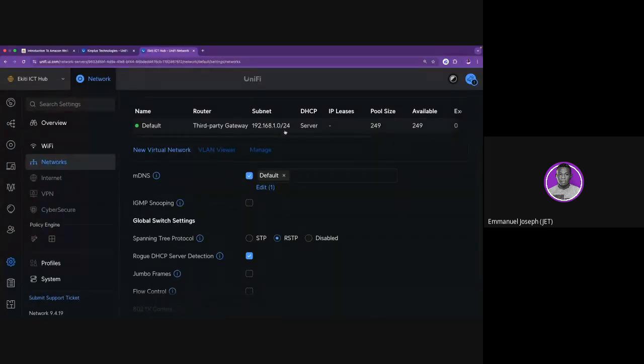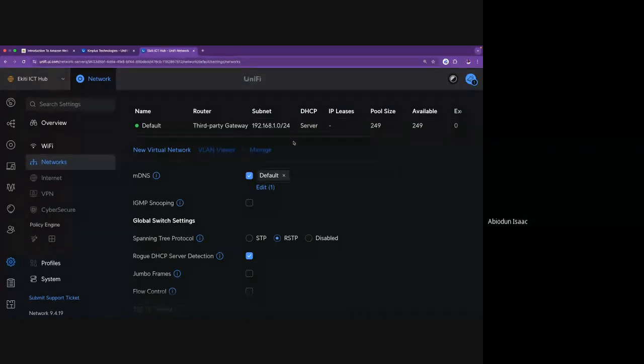Now, that's one. Then the slash notation of 24 determines the subnet mask. For this particular configuration, this means 255.255.255.0. That is what this slash 24 means. And do you know why that is? Remember, this is mostly to you, Biodun, you asked the question. You mentioned that IPv4 has 32 bits based on the octets.